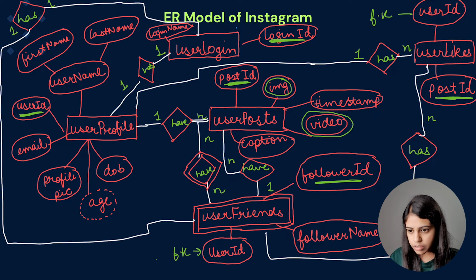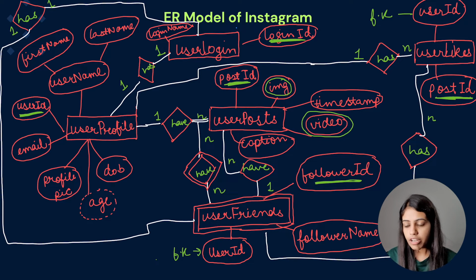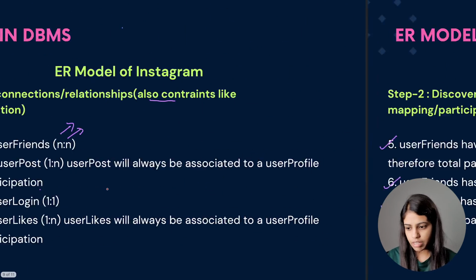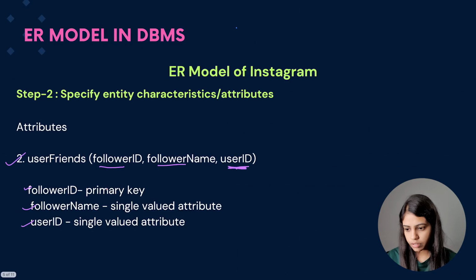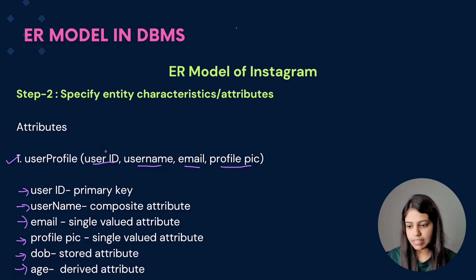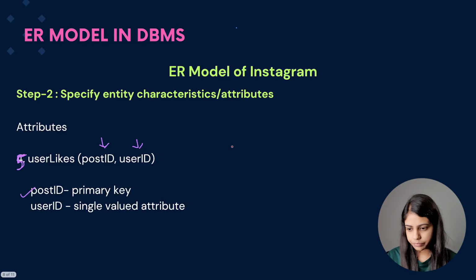So let me just switch to this one. Okay, so we will start with user profile. Now user profile is an entity. User profile would have username, user ID, email, profile pic, DOB and age. So here I have mentioned it. The user profile has user ID, username, email and profile pic.